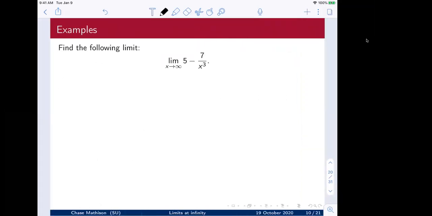Okay, well, let's use this to find some limits. So, example 1, find the following limit. The limit as x approaches infinity of 5 minus 7x to the third.